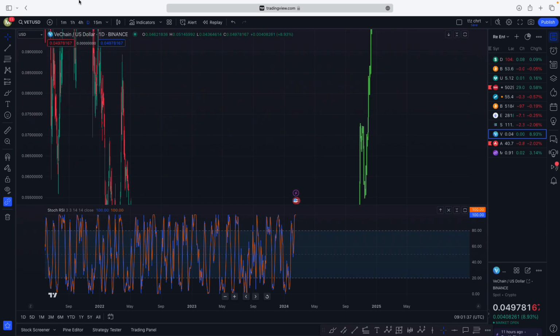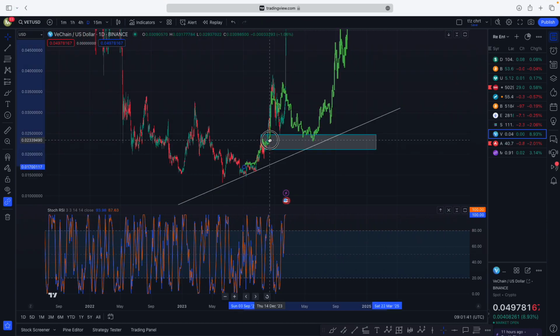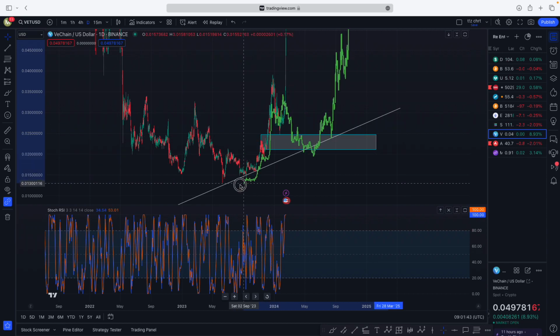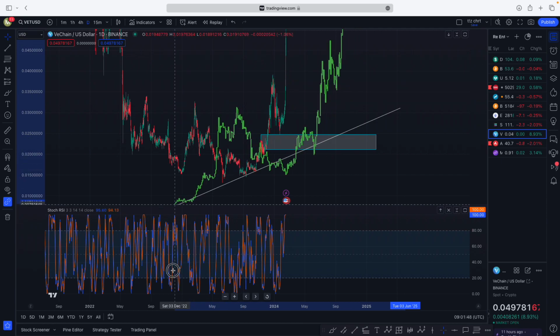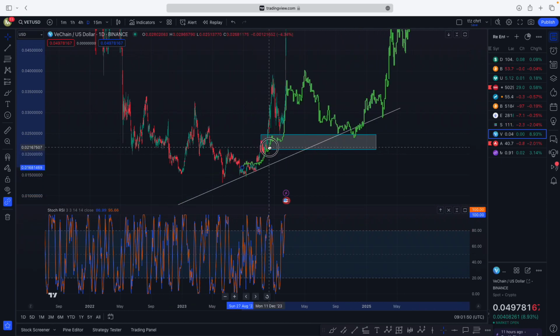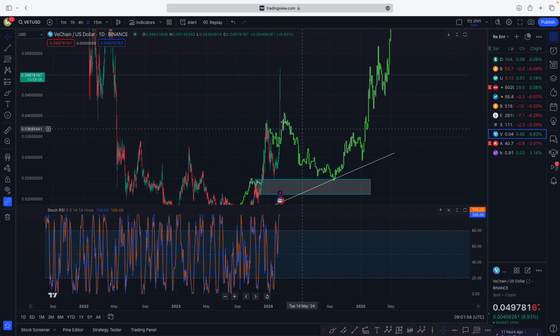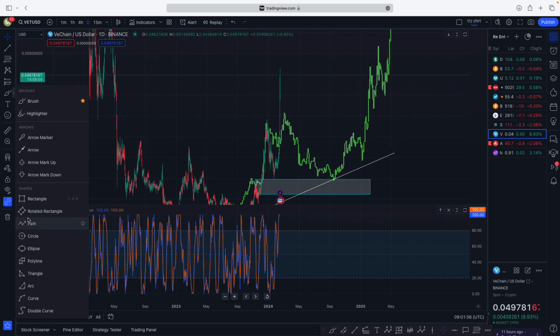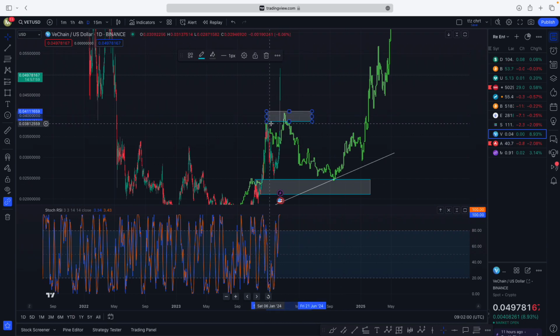Also here for VeChain, Fractal is telling me that this is not the end yet. Why? Because also back in the days, I mean, if we pull it a bit differently and we make it more matching the size here for the moves, okay, you guys can see one thing. I mean, if you're smart, you reckon one specific thing, and that is that VeChain back in the days also created a higher high and everybody was already pulled in.